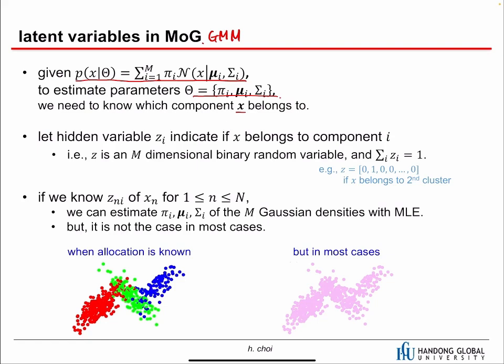It means in k-means we assume that each cluster makes a Gaussian distribution with the same isotropic covariance matrix.